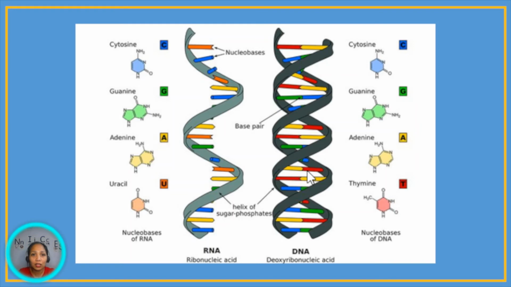It contains the nucleobases cytosine, guanine, adenine, and thymine, while the RNA is usually single-stranded with nucleobases cytosine, guanine, adenine, and uracil. Remember that both molecules participate in the production of proteins in cells.